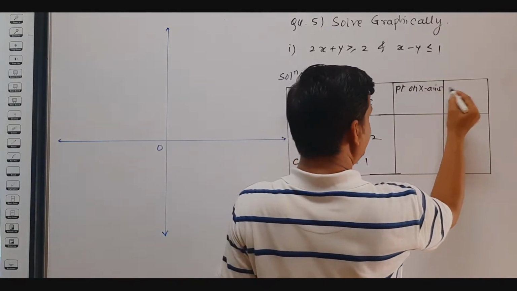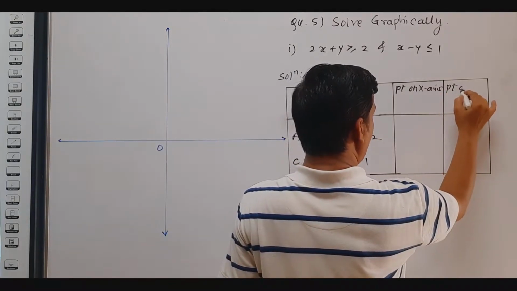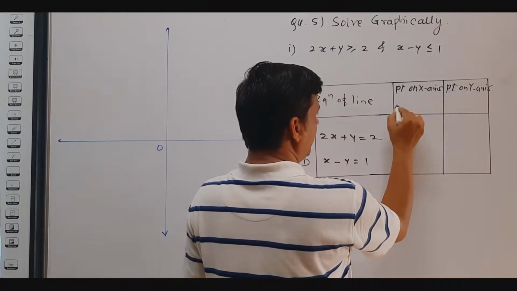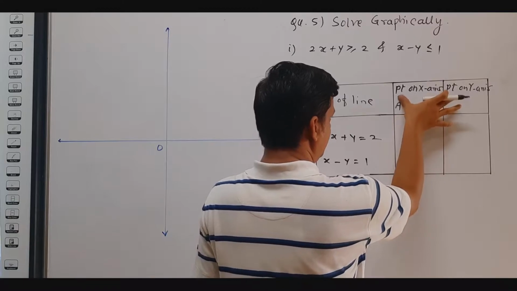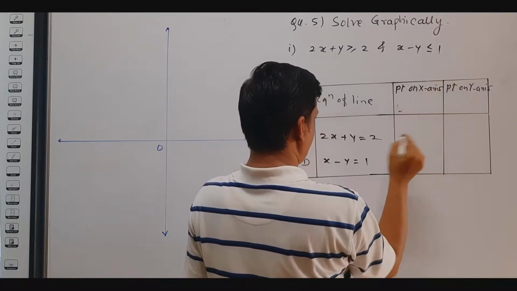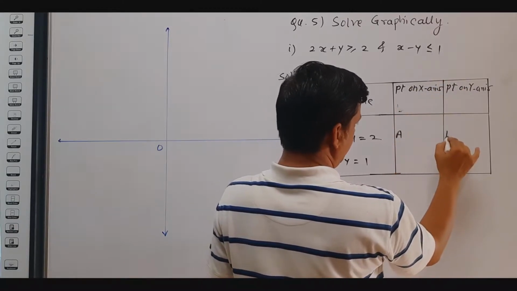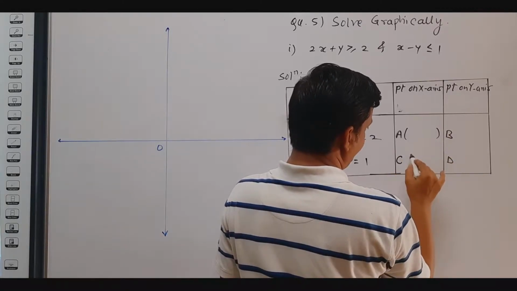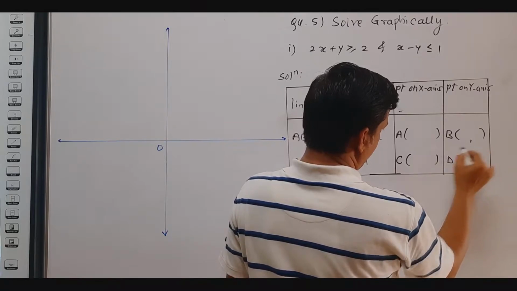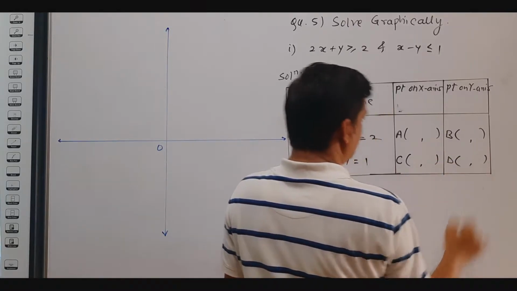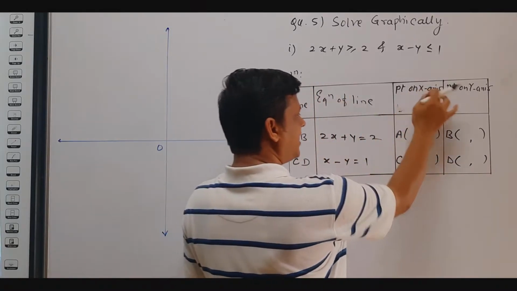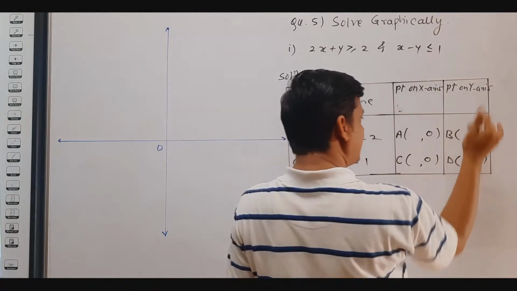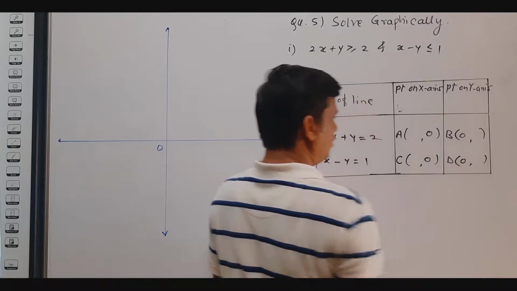So here is the point on the x-axis and here is the point on the y-axis. We consider here point A, here point B, here point C and here point D. Now we know that on the x-axis the y coordinate is 0, and on the y-axis the x coordinate is 0.